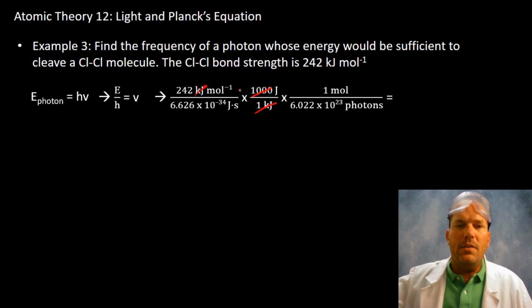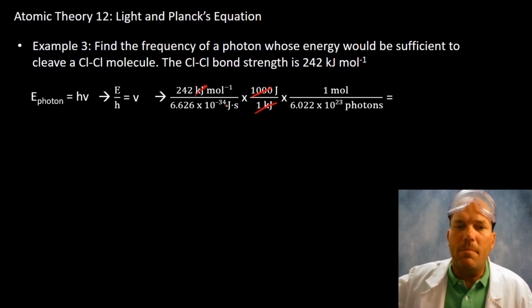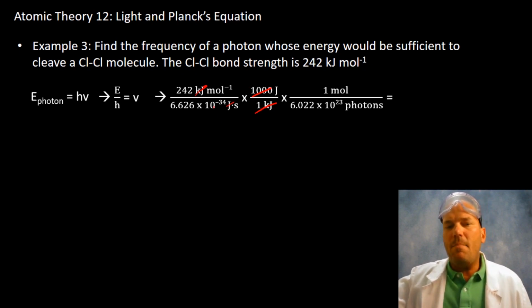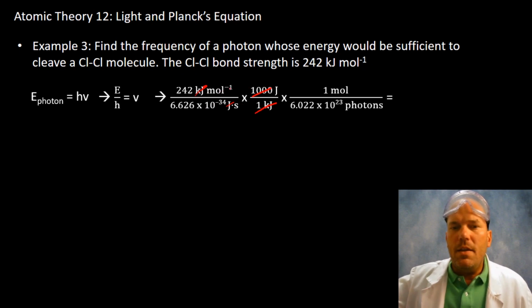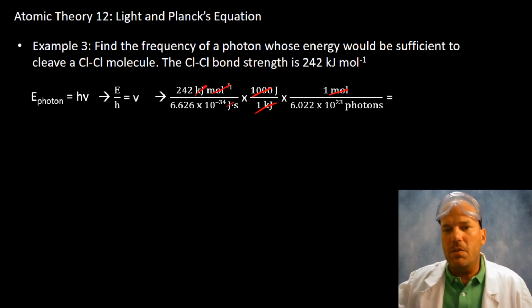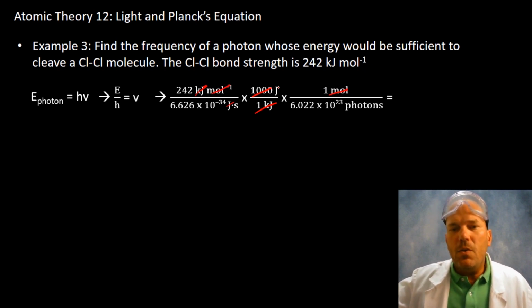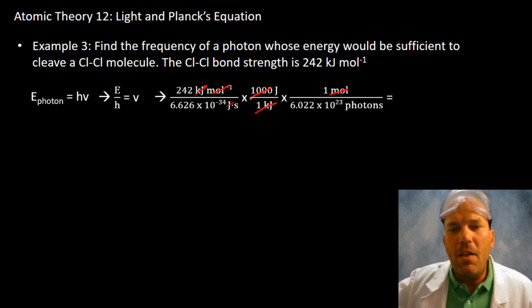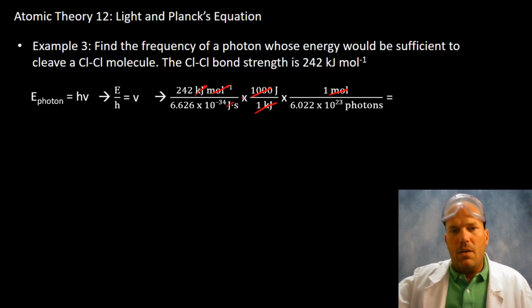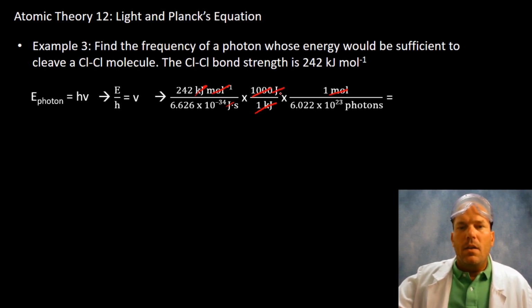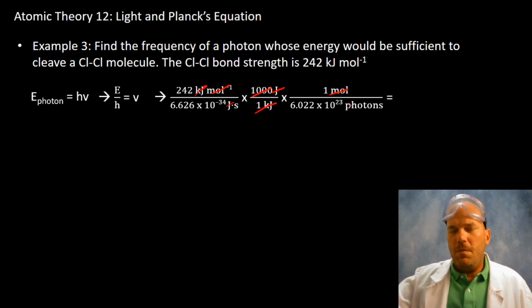Joules will then cancel with joules multiplied by seconds in the denominator here. Then you're going to be left with, in 1 mole, will cancel with the inverse of a mole, which is going to leave you with the following units. All right, you're going to be left with the inverse over photons. So what does that even mean?